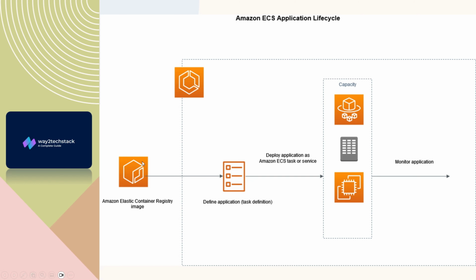Before that, you have to decide which container registry you have to use. I might be storing my images in ECR, that is Elastic Container Registry, for secured and low latency, or else I can use Docker Hub, or I can use any other third-party registry. Choice is ours according to our requirement. Most of the cases we use AWS ECR itself.